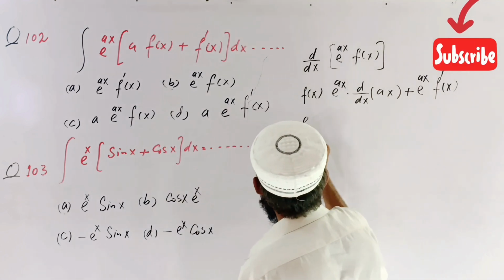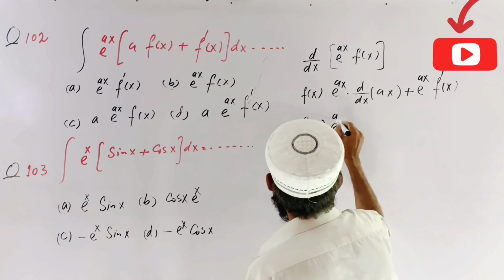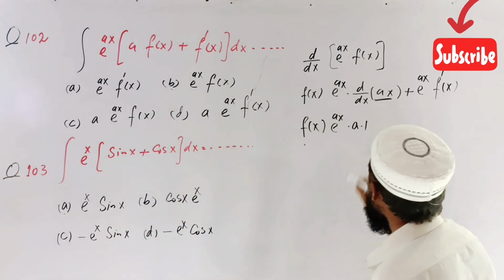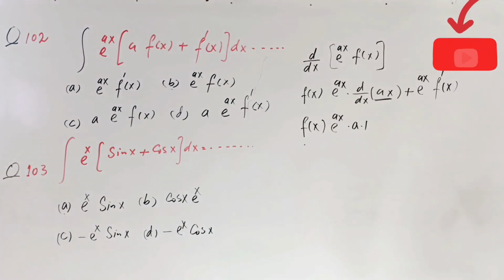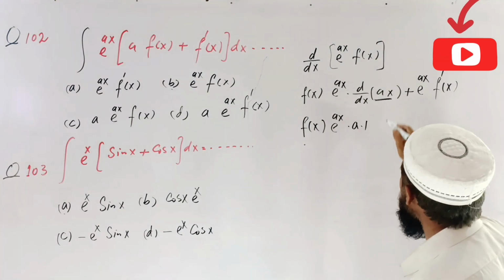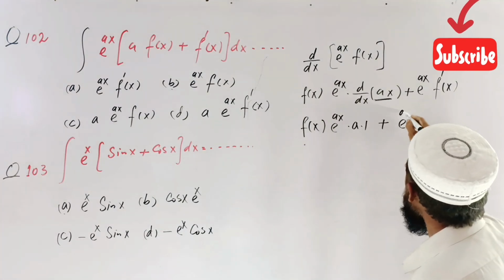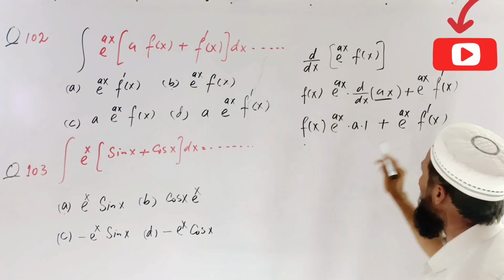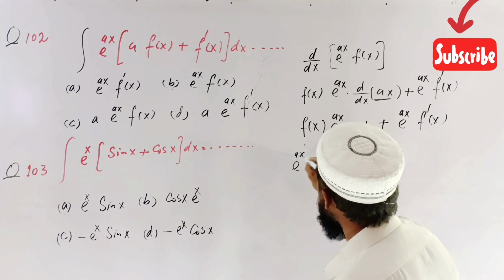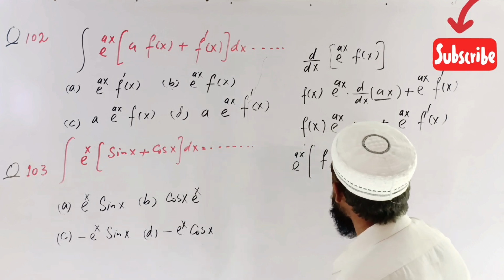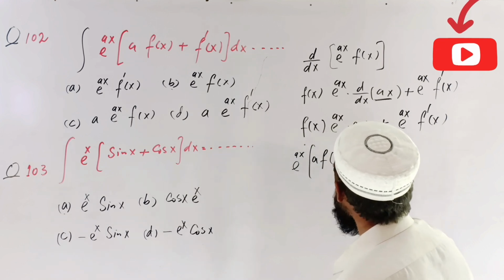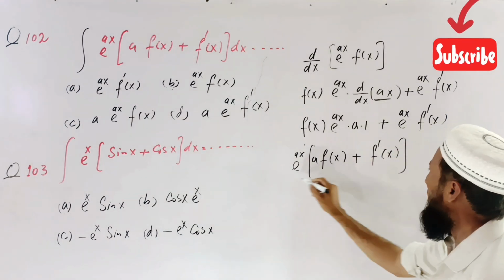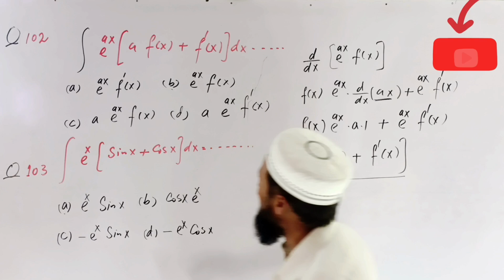So we can write f of x, e power ax, and the derivative of x is equal to 1, and a, so we get a e power ax f of x plus e power ax f dash x. If we take e power ax common, we get f of x plus f dash x.